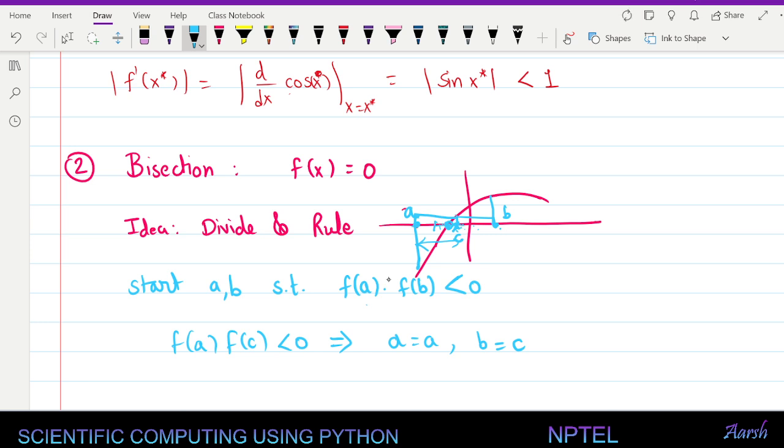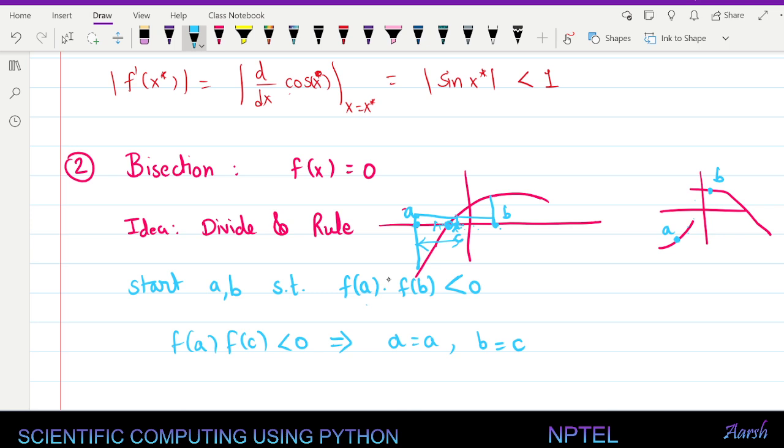And by the way, there is one assumption, which is that the function is continuous, right? Because you can have something like this. Your a could be here and b could be here, and no matter how close you go, you will not find zero because the function does not have a zero, right?